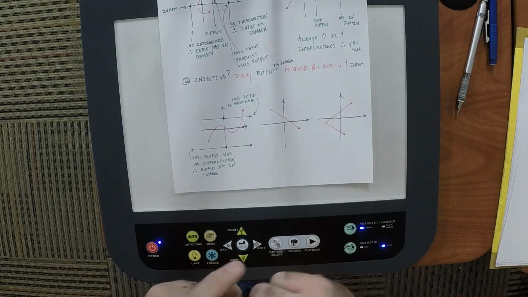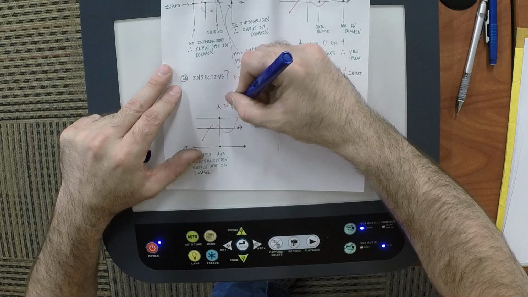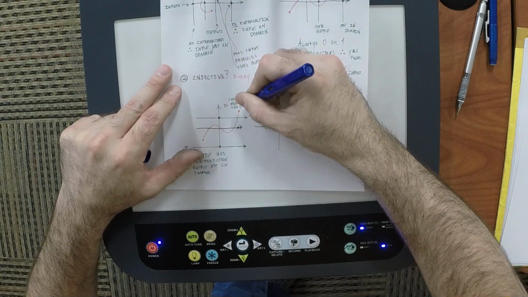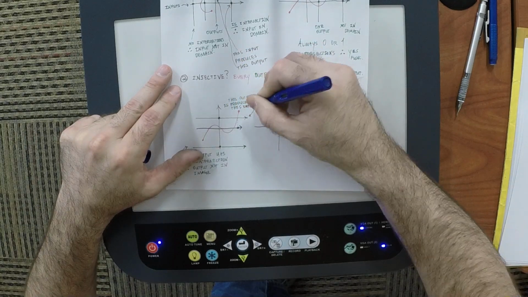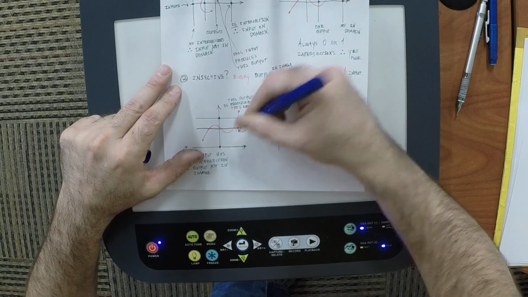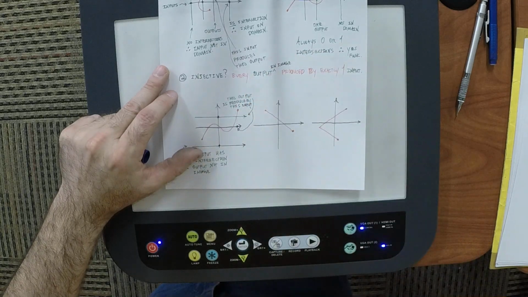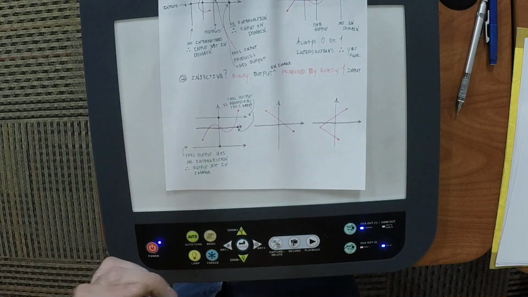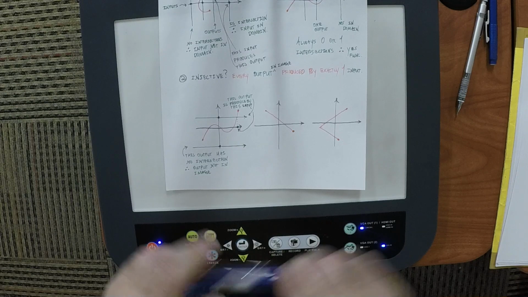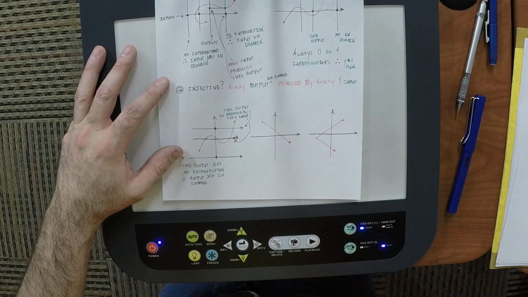So it's produced by this input. Okay, so, yep, you can get that one. Now, every output in the image is produced by exactly one input.